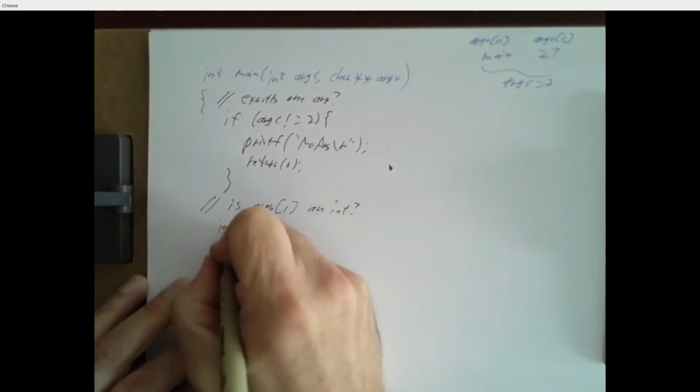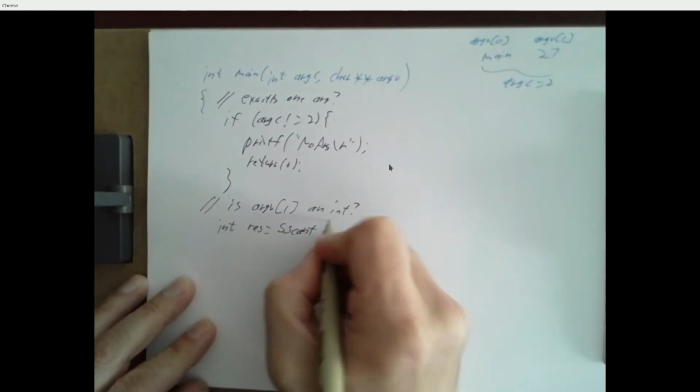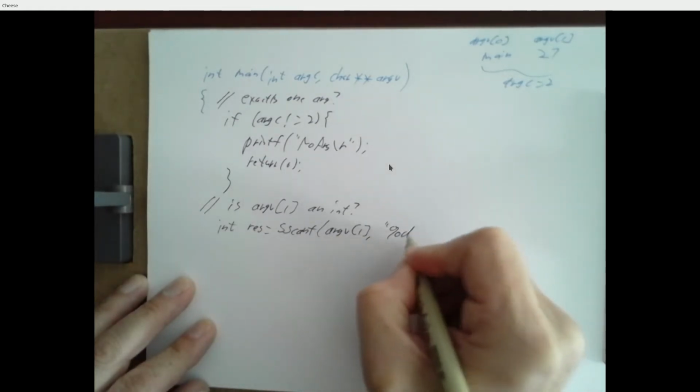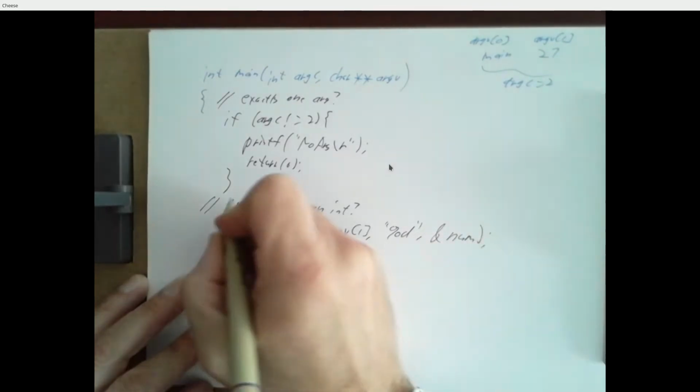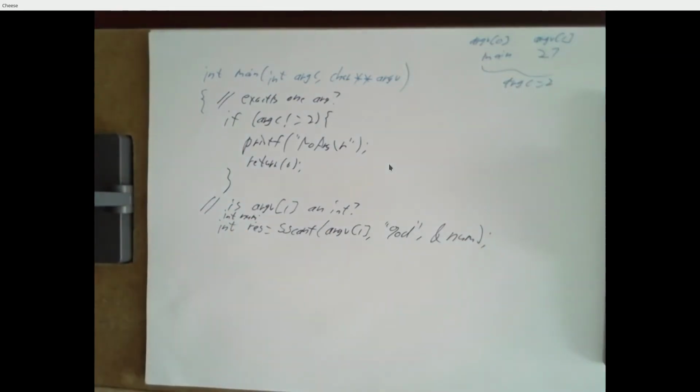So, integer result equals scanf argv[1] %d address of num, and num's got to be an integer. All right, so we take that argument and we try to convert it as an integer and store it in num.